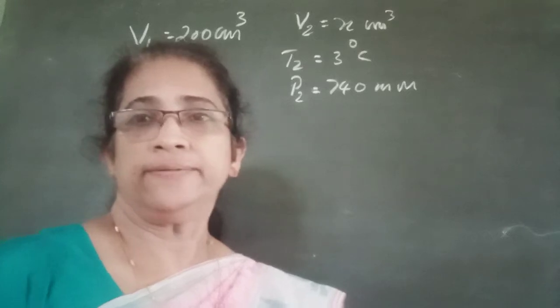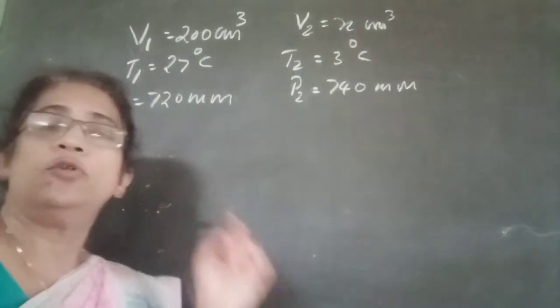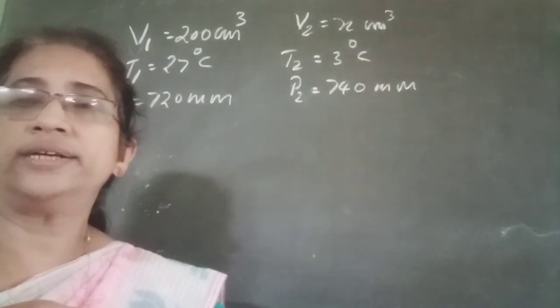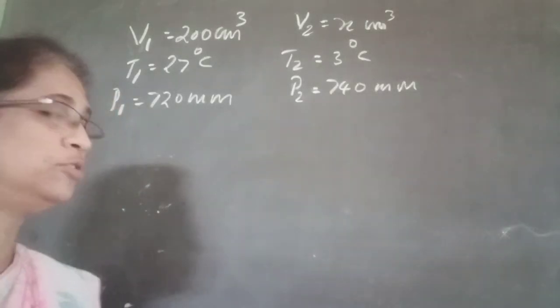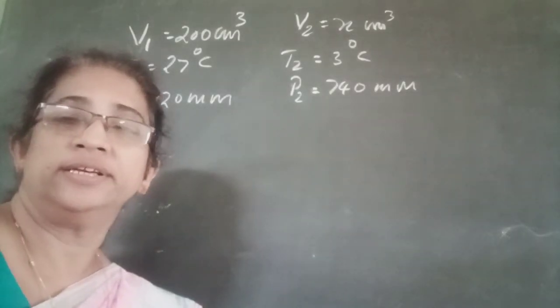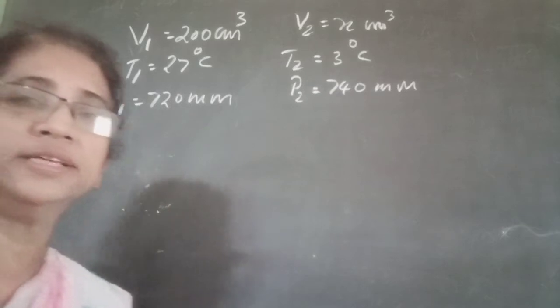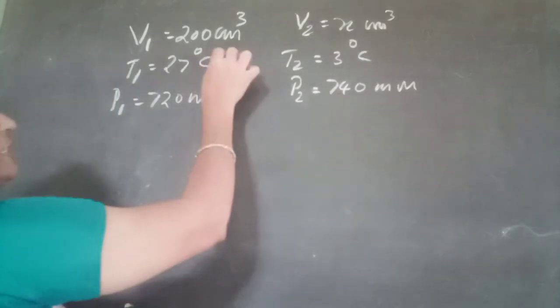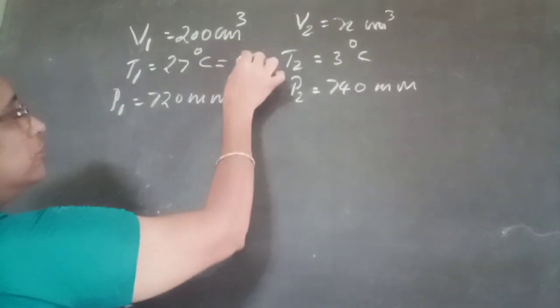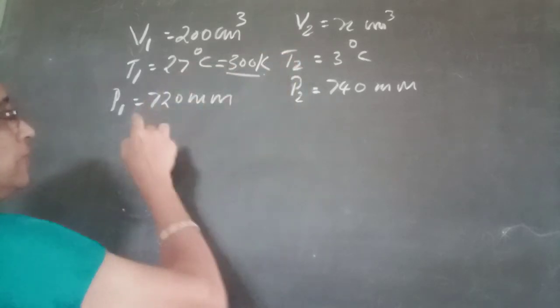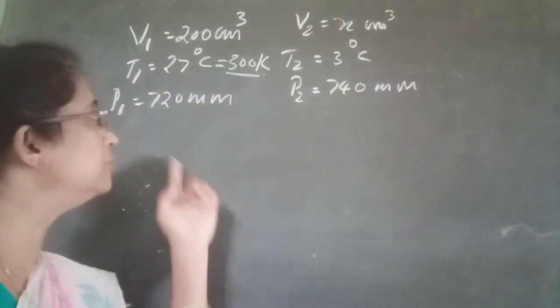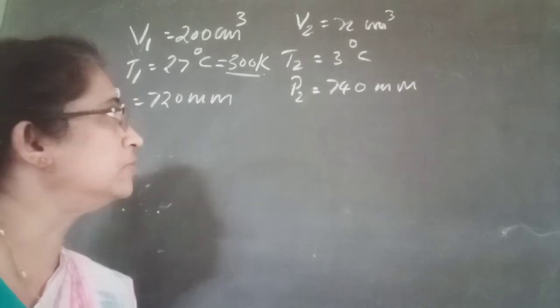So write down the data. The initial volume V1 is equal to 200 centimeter cube. Initial temperature T1 is given as 27 degrees Celsius, so 27 plus 273 is equal to 300 Kelvin. Then initial pressure P1 is equal to 720 millimeters of mercury.